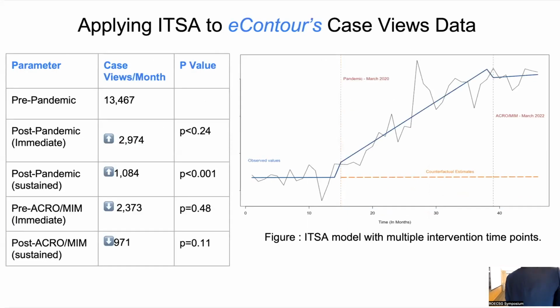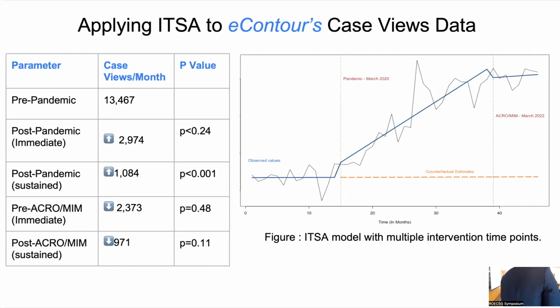On the right side, you can see the results, where the pandemic time point has given us a sustained increase in case views, almost 1,000 case views per month, which is statistically significant. And surprisingly, our MIM-funded ACRO intervention, the second time point in March 2022, did not give us the expected increase in case views, and it's not statistically significant.